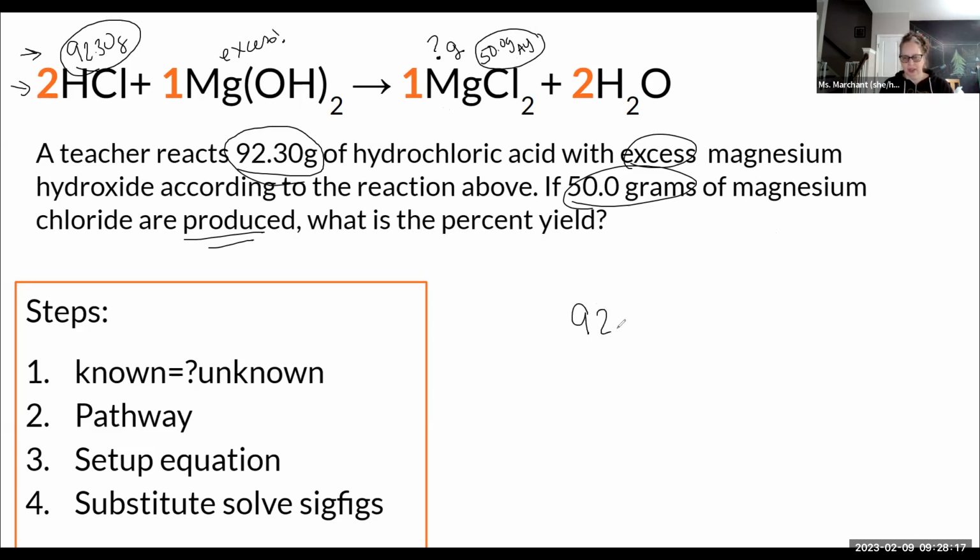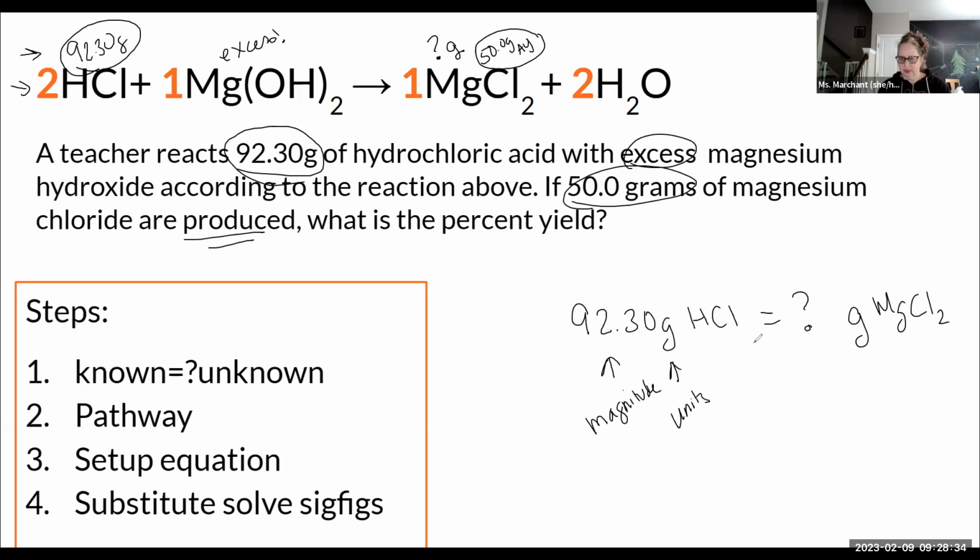My known 92.30 grams of hydrochloric acid equals question mark grams of magnesium chloride. When you're writing these statements out, your magnitude is your number, your units is your grams, your species is hydrochloric acid, or hydrogen monochloride would be another way of saying that name if it's in its covalent form and not its acid form.